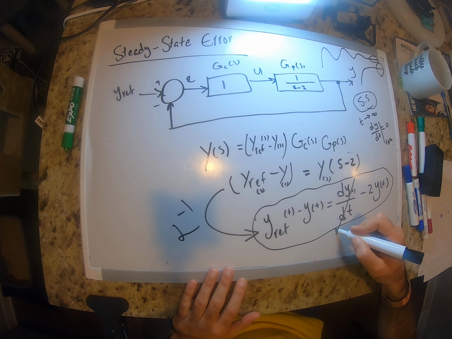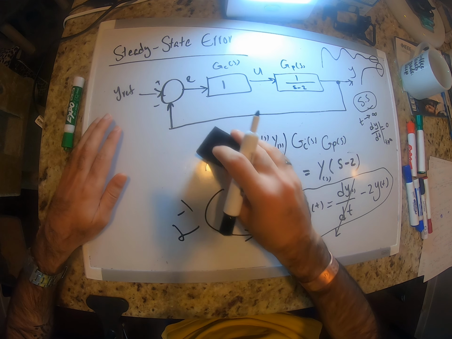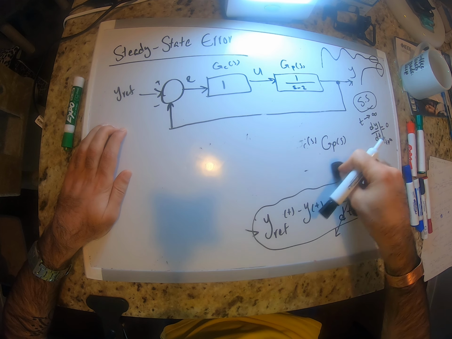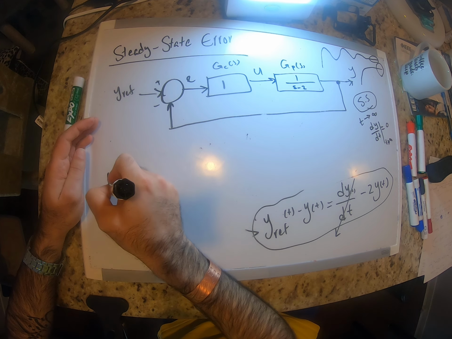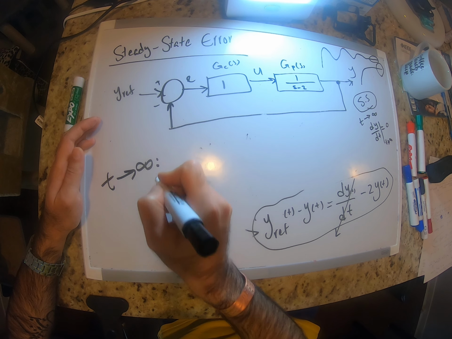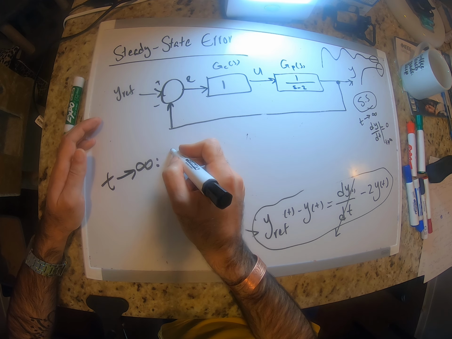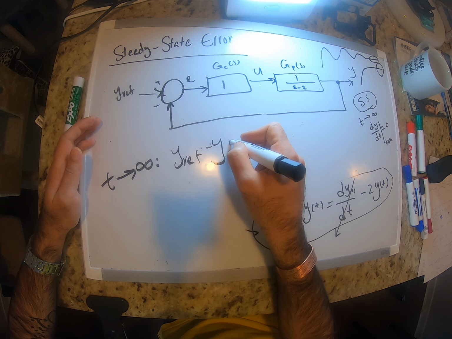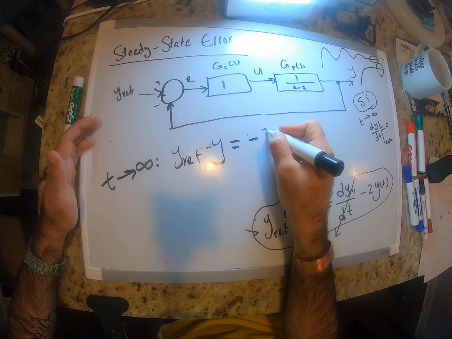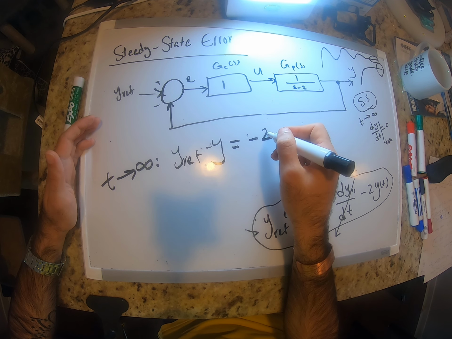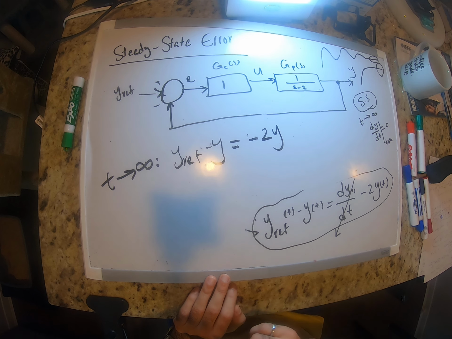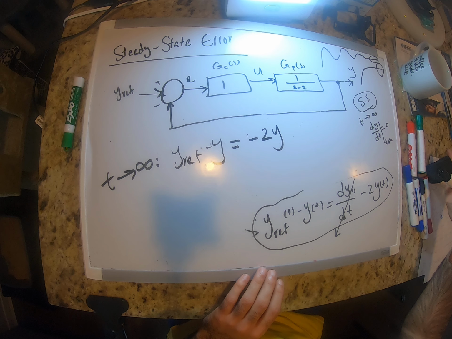So as t tends to infinity, we would have y ref minus y is equal to negative 2y. Actually, I could have made this a little bit simpler.